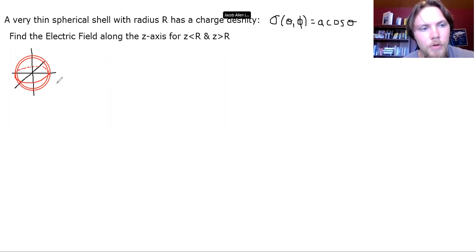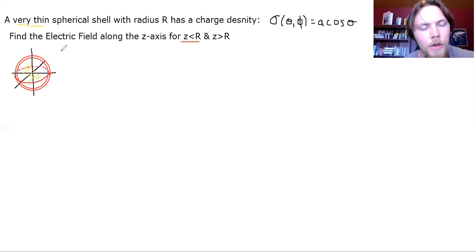So I kind of drew out the problem a bit, the thin spherical shell, and trying to solve for the first part, z less than r. If you notice the words very thin, inside the sphere, there's going to be basically nothing.